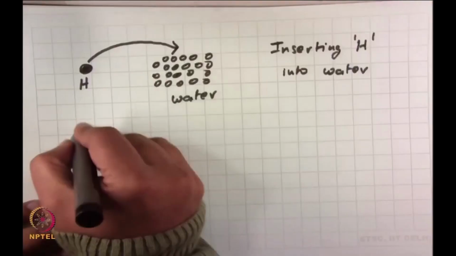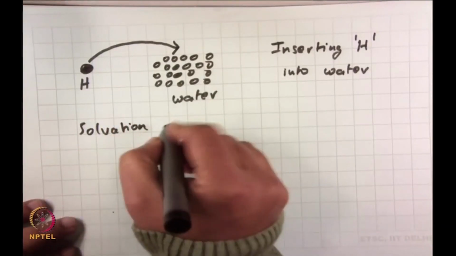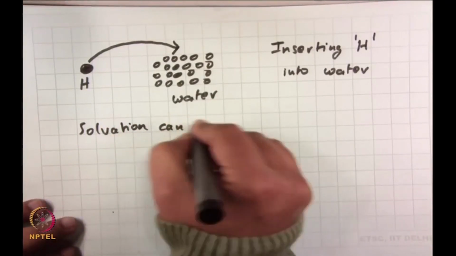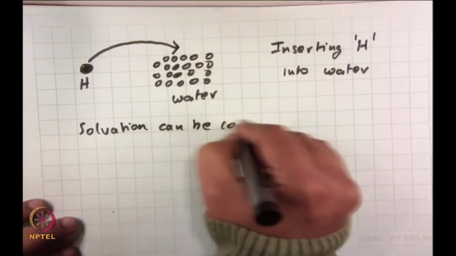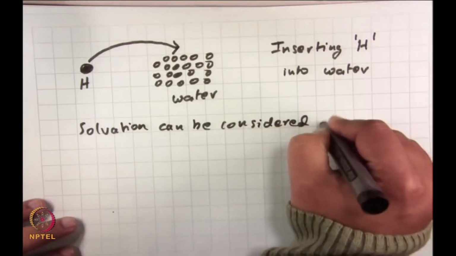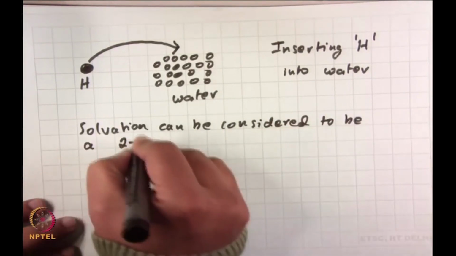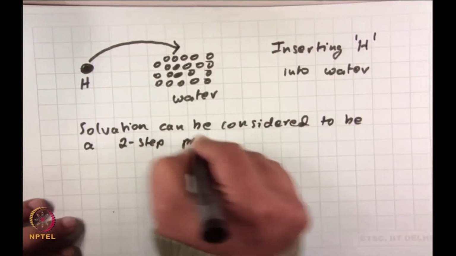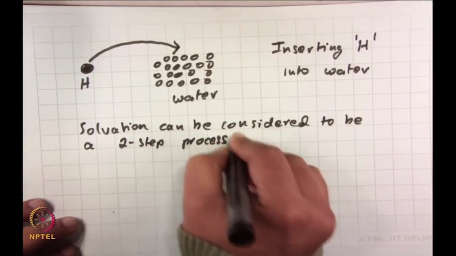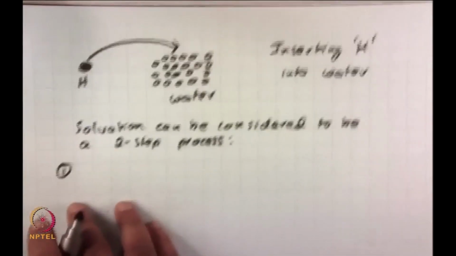So that means I can write this insertion or solvation can be considered to be a two-step process. What is the first step?